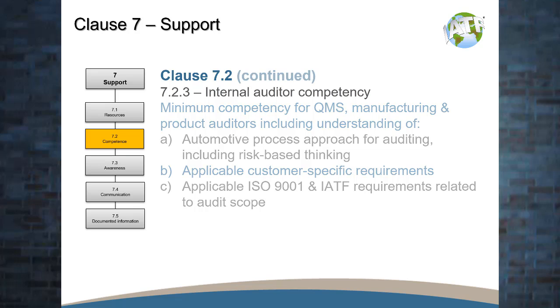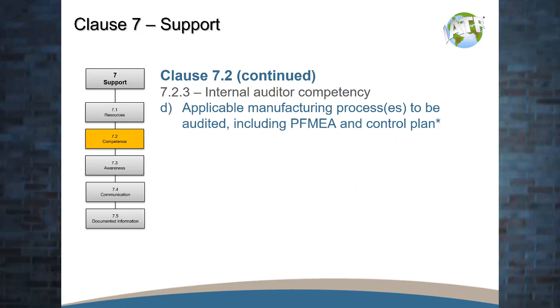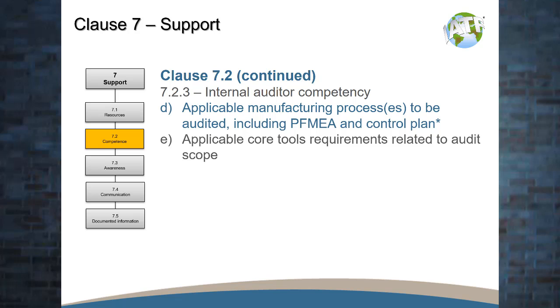To continue with clause 7.2.3, internal auditor competency, we see at D, applicable manufacturing processes to be audited, including PFMEA and control plan. There's an asterisk by that. I'll get to that in just a second. Applicable core tools required that's related to the audit scope.